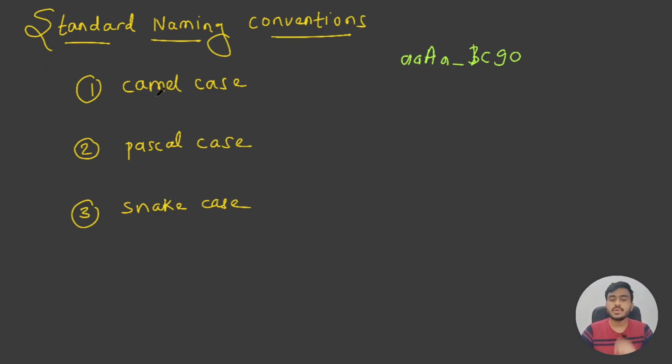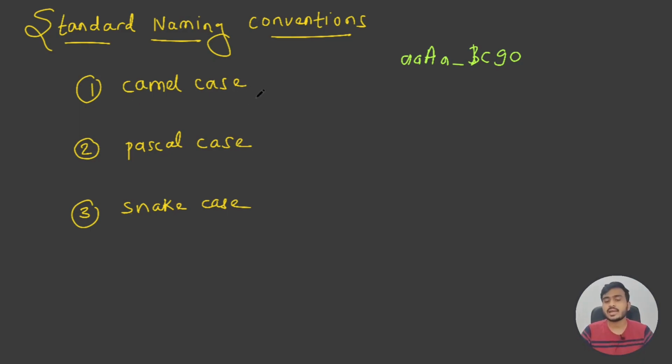The first convention is called camel case, the second is called Pascal case, and the third is called snake case. These conventions come into the picture whenever you have to attach multiple words together, or whenever your variable name comprises multiple words. Even when your variable name has only a single word, you can think about these naming conventions.